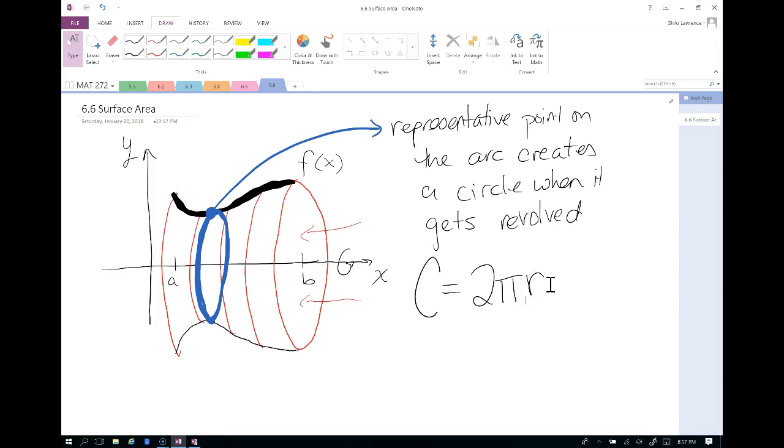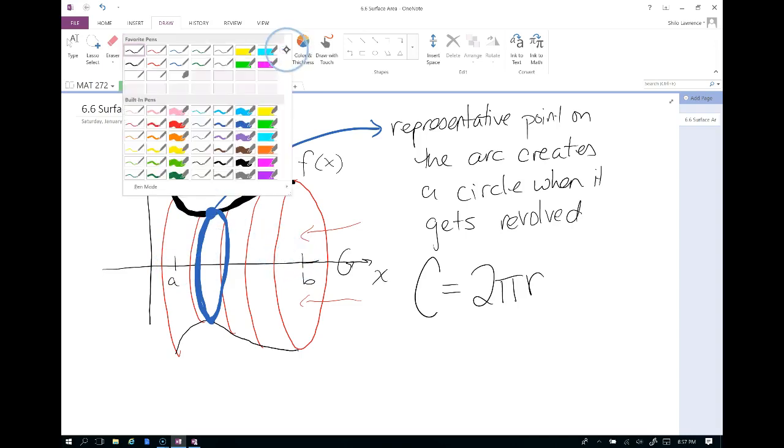That is just one circle from one representative point. So what we're going to do is extend this out to every single possible point on f of x from the interval a to b and make tons and tons of representative circles.